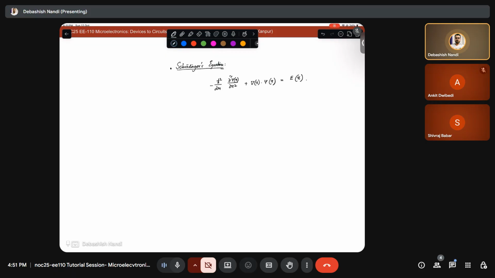So what is this? This is the kinetic energy of the particle. No, this is not effective mass. This entire thing is the potential energy.